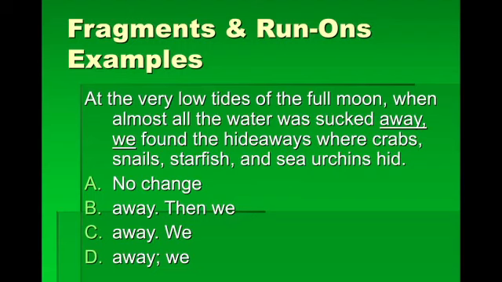It can't stand on its own. So it needs to be attached to an independent clause, and that would be the rest of the sentence: we found the hideaways where the crabs, snails, starfish, and sea urchins hid. Therefore, this is going to be one of those very minor times where you have no change.